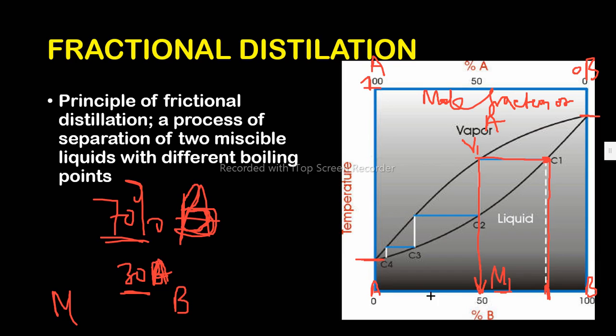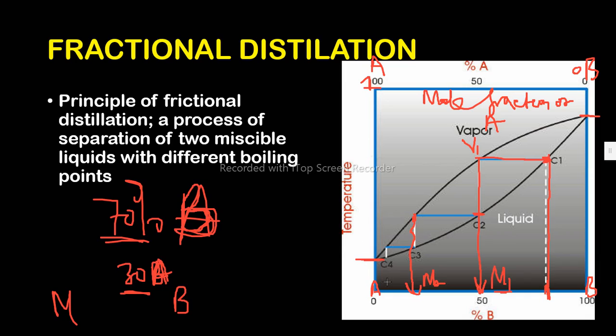So when you now distillate M1, it will boil at a temperature that is slightly lower than the temperature at which this liquid mixture boiled, giving off a vapor that has more of A now. You can see this is going to be the vapor, and when you condense it, you get composition M2.